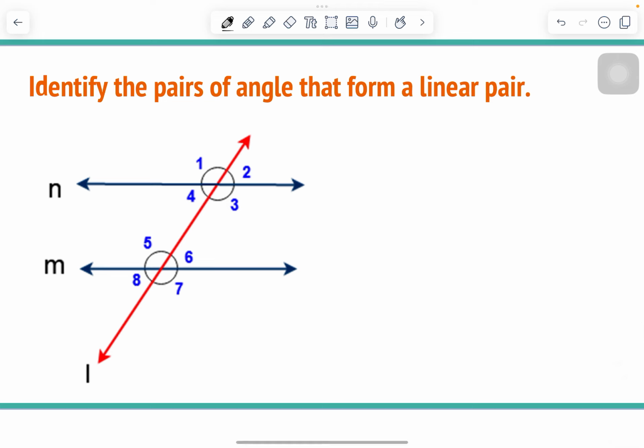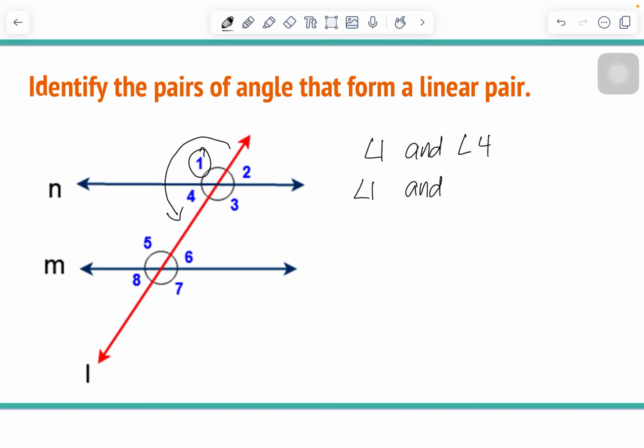Now, identify the pairs of angles that form a linear pair. Say, for example, let's say angle 1. What's the linear pair for angle 1? It can be angle 1 and angle 4, or you can also say angle 1 and angle 2, right? You can also say angle 2 and angle 3, and angle 3 and angle 4.